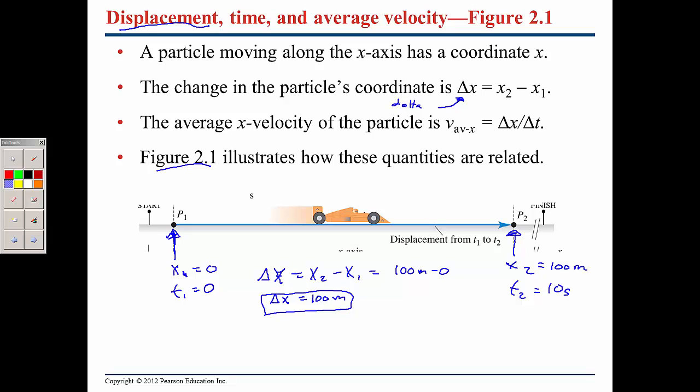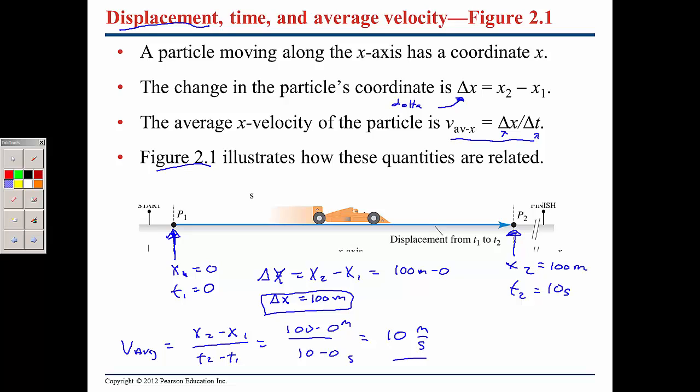We can describe your average velocity over the interval as the change in position divided by the change in time. So we could write your average velocity is equal to x2 minus x1 over t2 minus t1, or 100 minus 0 divided by 10 minus 0. This has units of meters, this has units of seconds, so we're left with 10 meters per second.